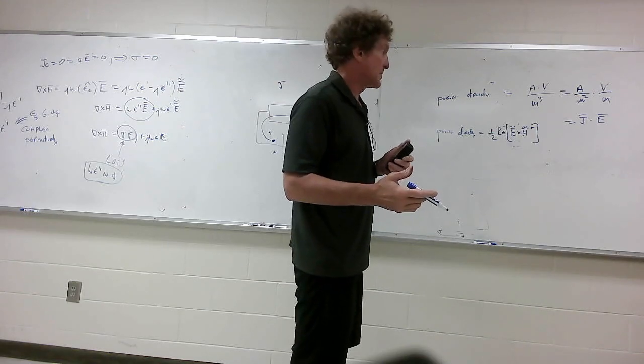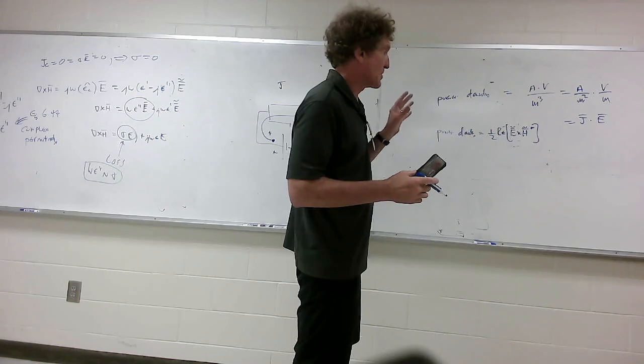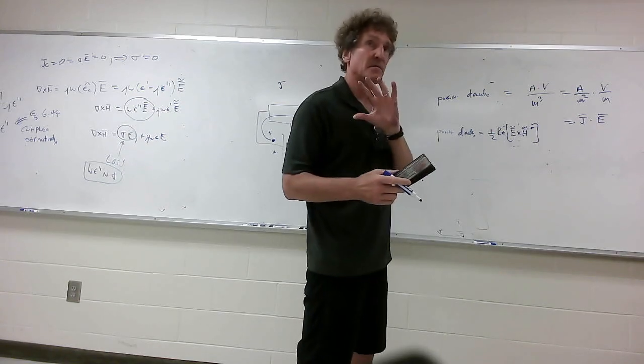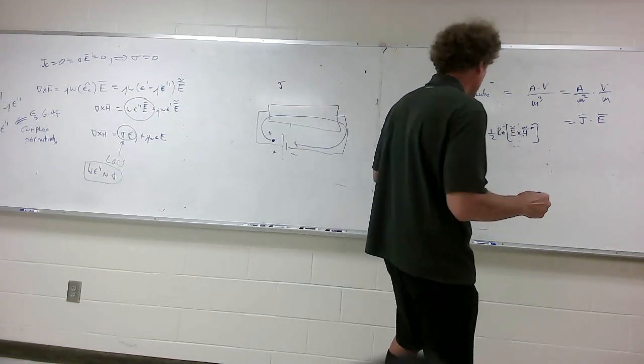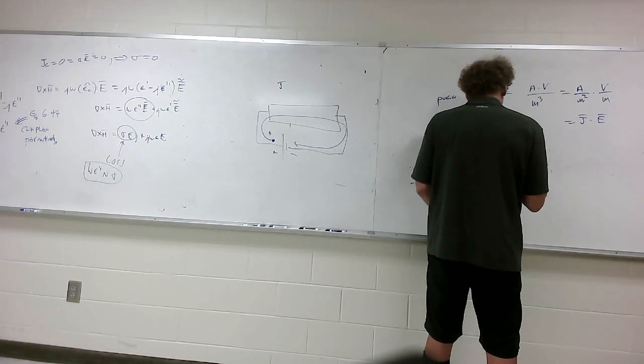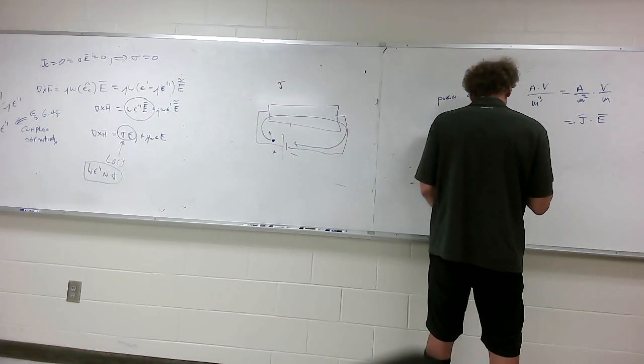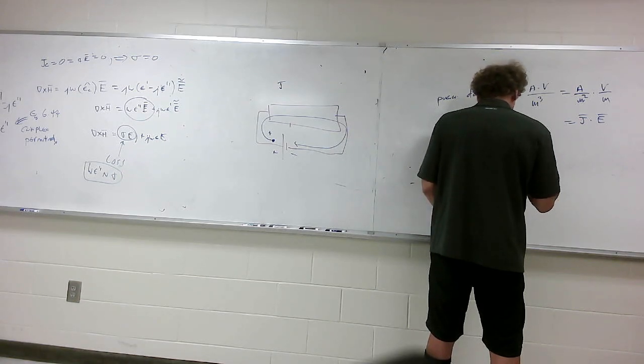And I'm not going to go there yet, but what you're going to end up seeing, when we talk about propagating waves, is that this is going to become 1/2, and because, well, I'll get to this later, E and H are related. You can't have one without the other. It's going to be 1/2 times the magnitude of E squared over the magnitude of eta here.